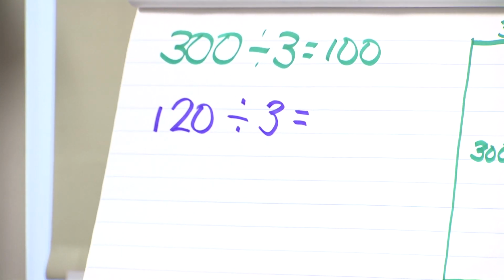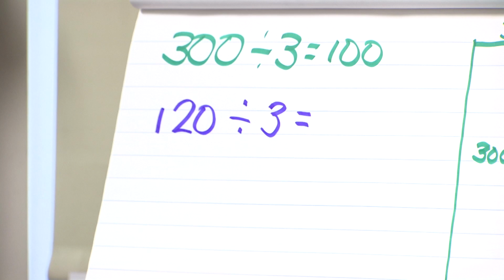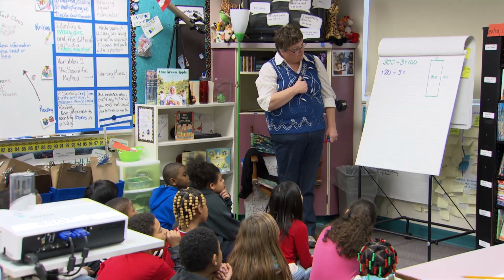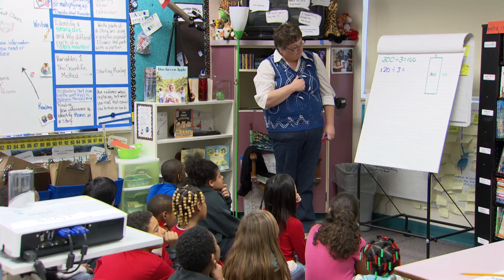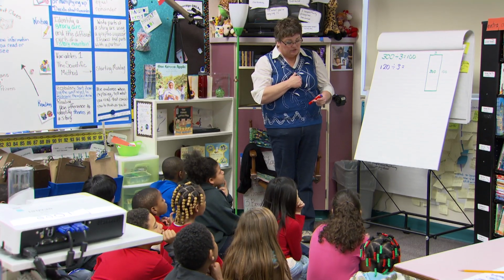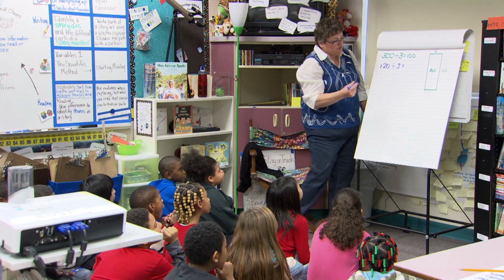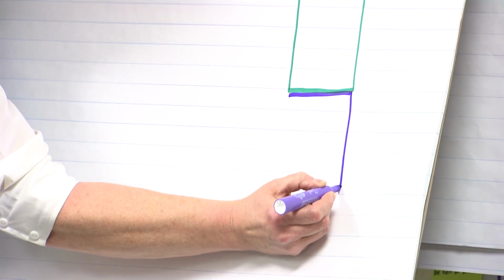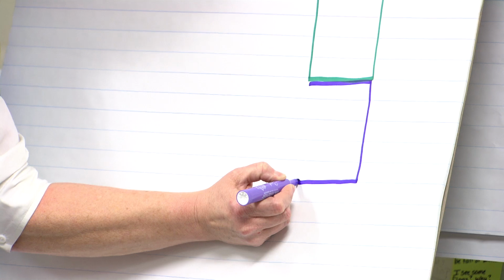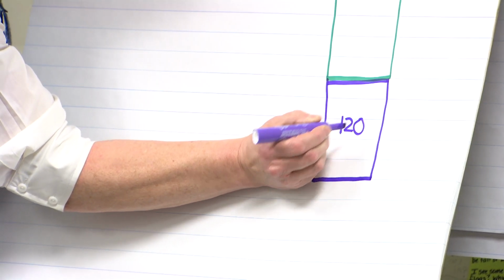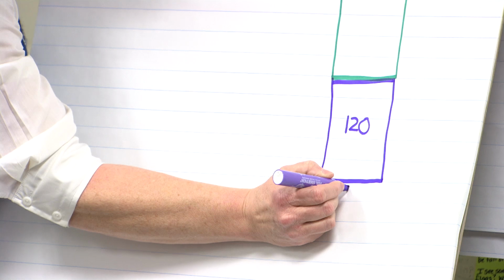So think about that. There's 120 squares inside there, and it's 3 on this side.